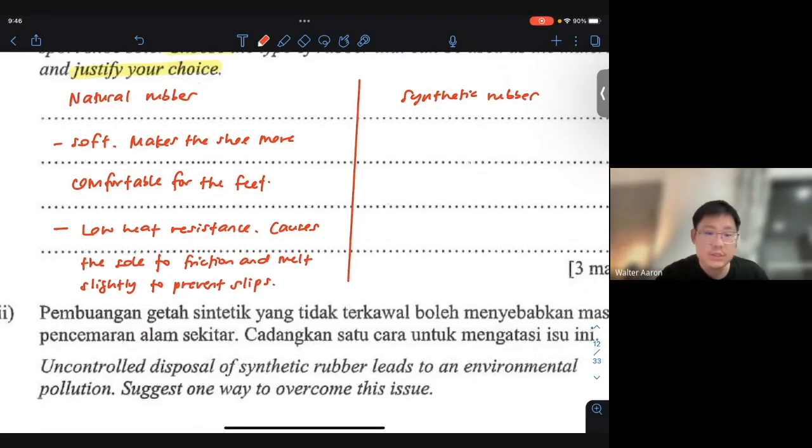Slip is like, you know, a slippery surface. So when it's soft and it's low heat resistant, when it frictions, it melts, then it becomes slightly more sticky. You can actually cling it to the ground. That's just some justification from me.